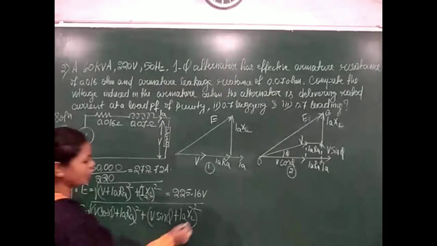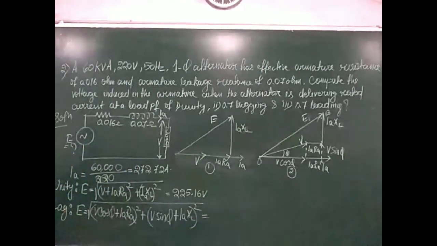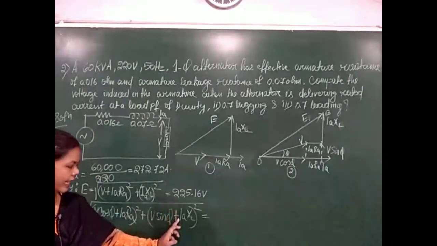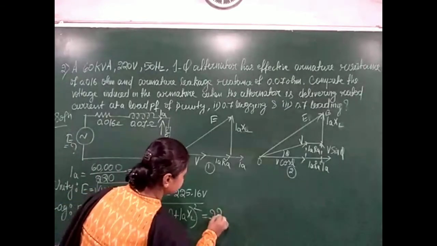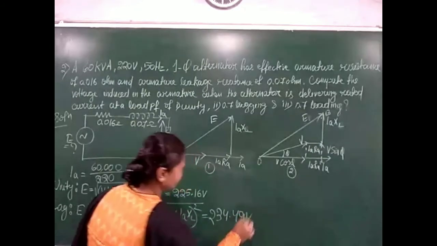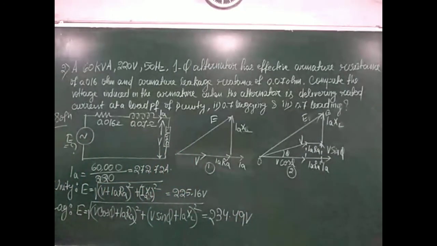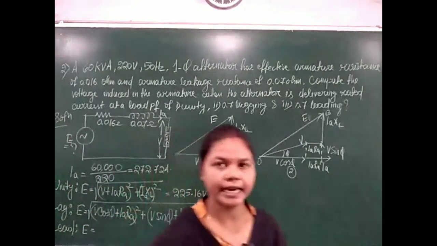So after putting all these parameters, V cos phi, IaRa drop, V sin phi, IaXL drop, you get the voltage induced in an armature circuit for lagging power factor. It is 234.49 volt. Clear?